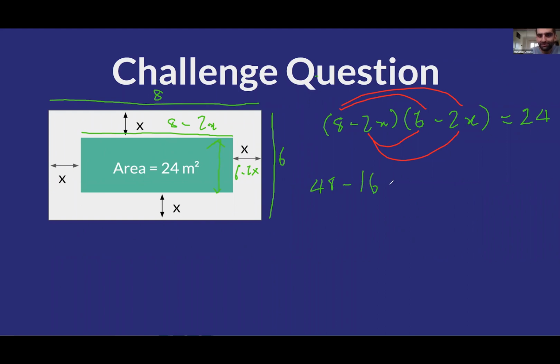This should be really comfortable for you to do now. Then minus 2x times 6 is minus 12x. And then minus 2x times minus 2x, don't forget the negatives, gives us plus 4x squared. And that equals 24. The next step is to group the like terms, minus 16x minus 12x. So 48 take away 28x plus 4x squared equals 24.